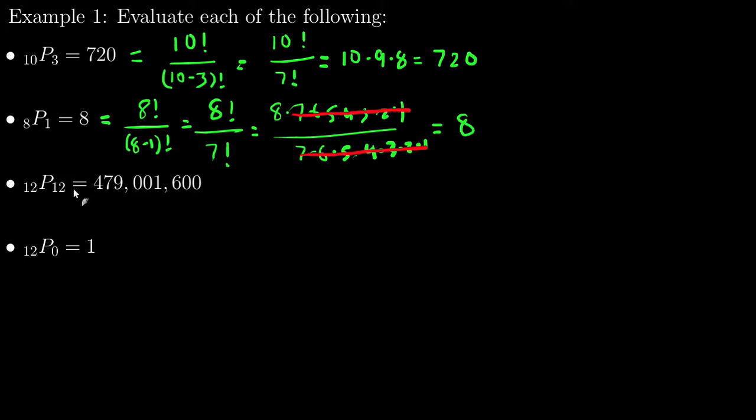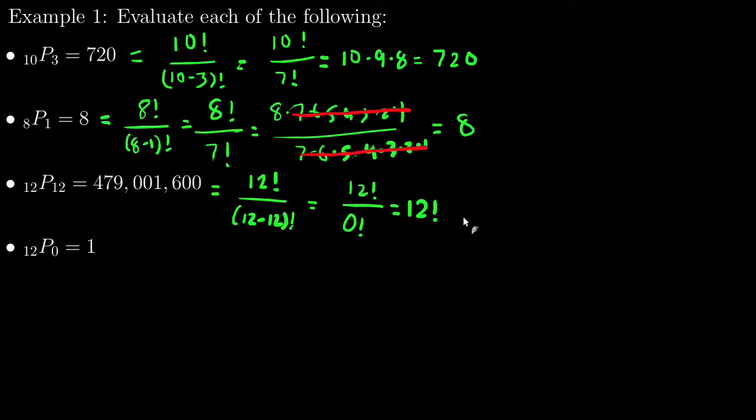This one here, 12p12, is going to be 12 factorial divided by 12 minus 12 factorial. Now, we know that 12 minus 12 is 0, so we end up with a 0 factorial in the denominator. 0 factorial is 1, so this is the same as 12 factorial.